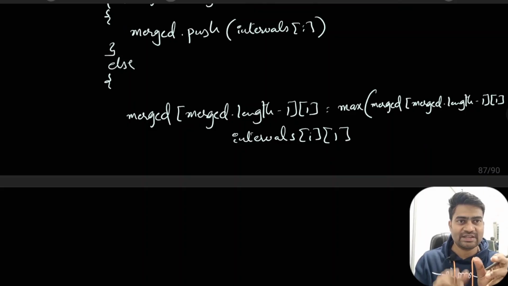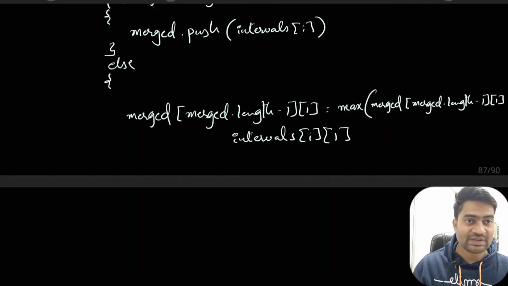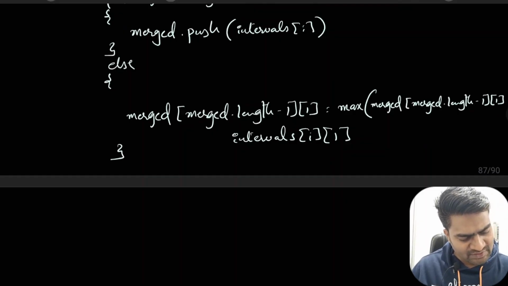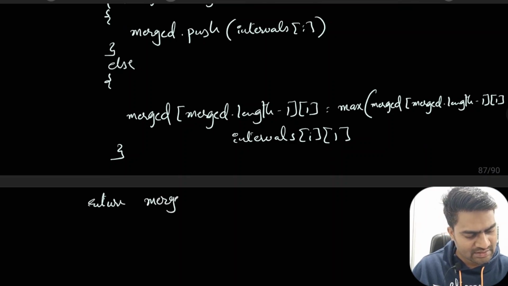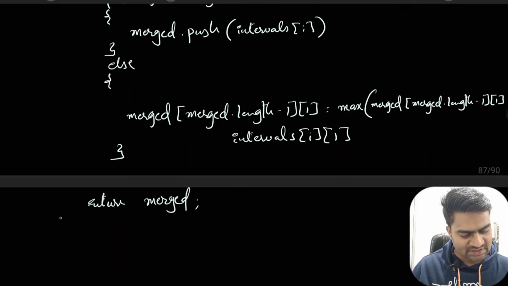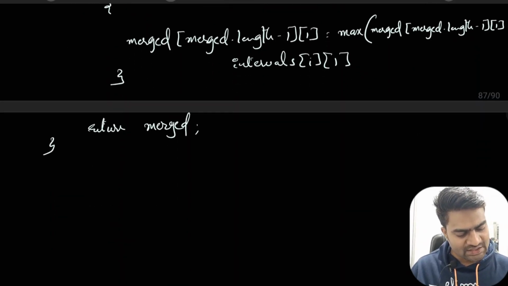So basically we need to take the max of the end value from both. Okay, so this will update, and finally what we need to do, we need to return the merged list.